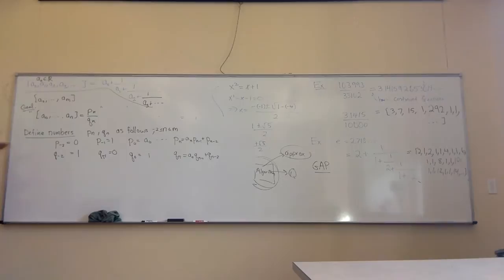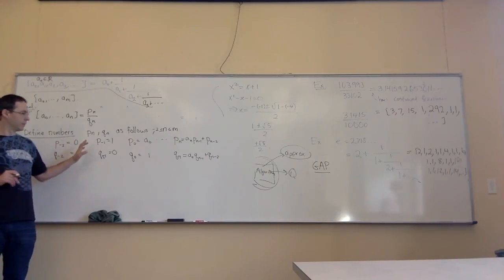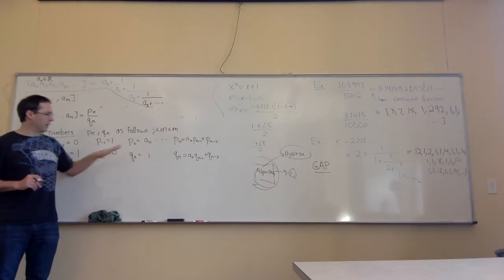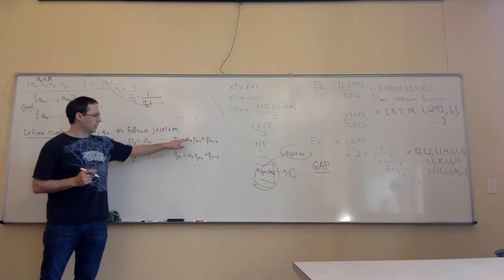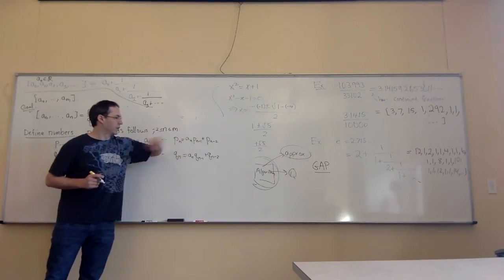Okay, so this is a recursive formula. The first two terms, so the Pn and Qn for n equals minus 2 and minus 1, are just constant. They're always the same. P0 is always a0 and Q0 is always 1. And then afterwards, you get the Pn's and Qn's by simply taking an, multiplying by the previous one, and adding the one before that.